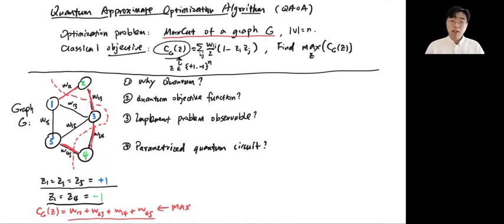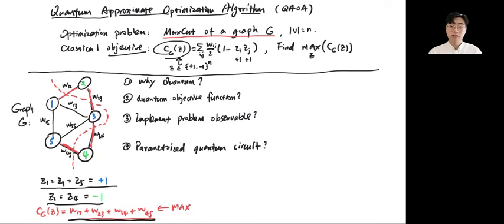And what the objective function calculates is the sum of the weights associated with that particular assignment, that is the particular cut. For example, you can verify that if for one of the edges i, j, zi is +1 and zj is -1, then this term contributes wij to the summation. Whereas if you have +1 on both variables, then this term cancels out to 0. So you are only summing over the weights of the edges that cut across two partitions.